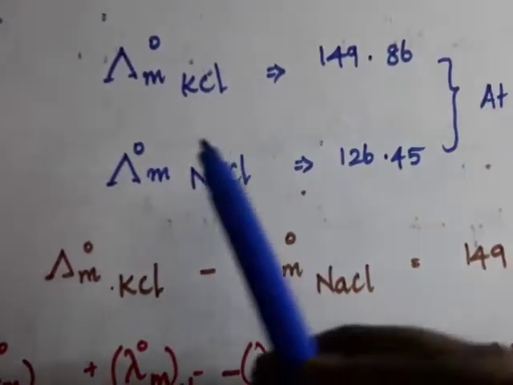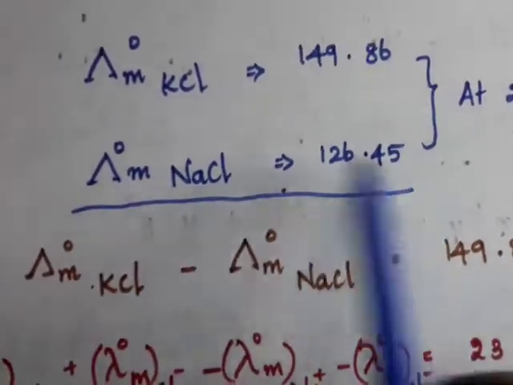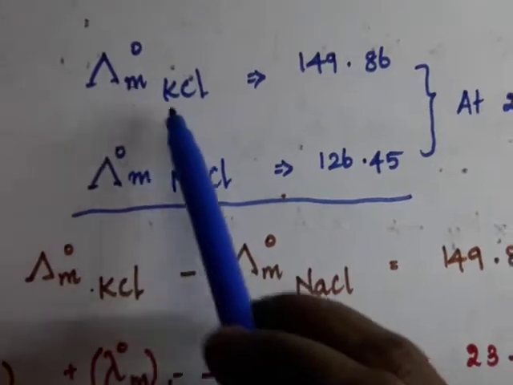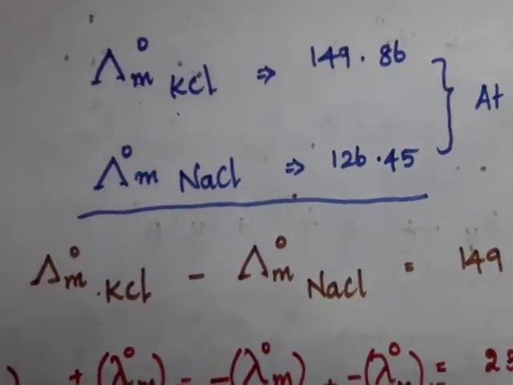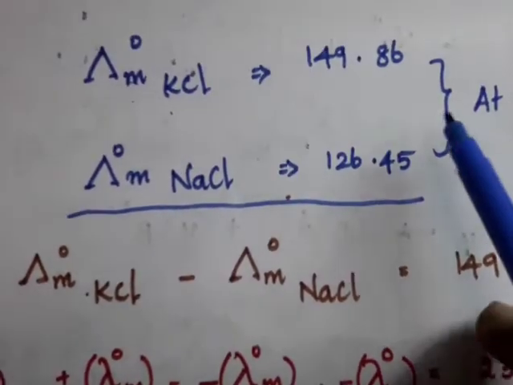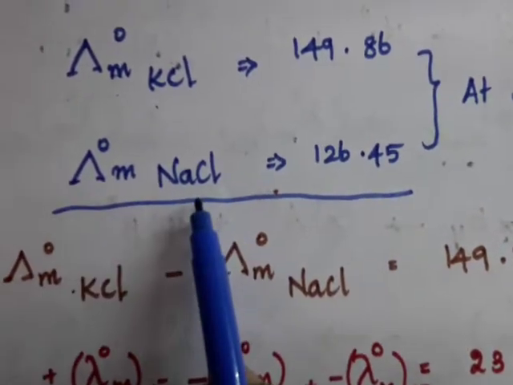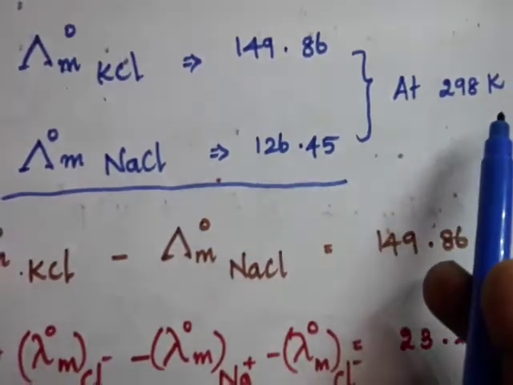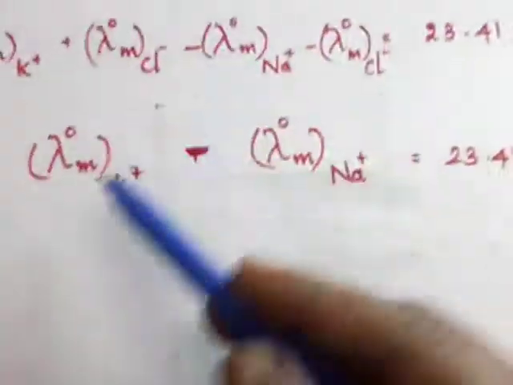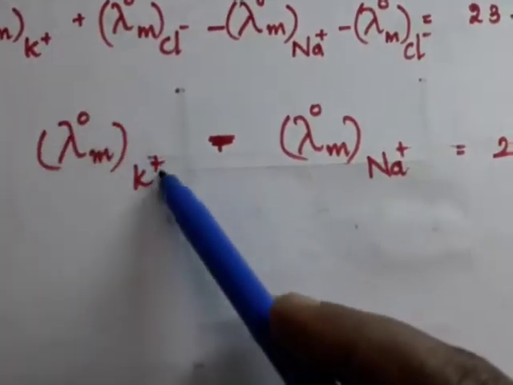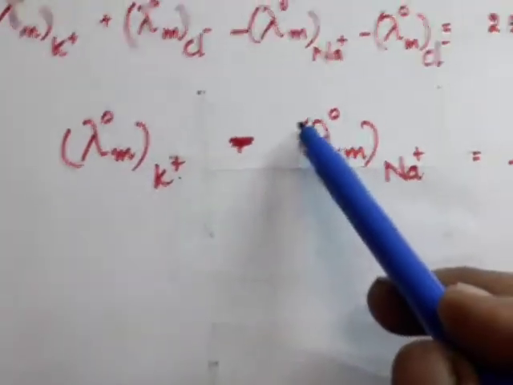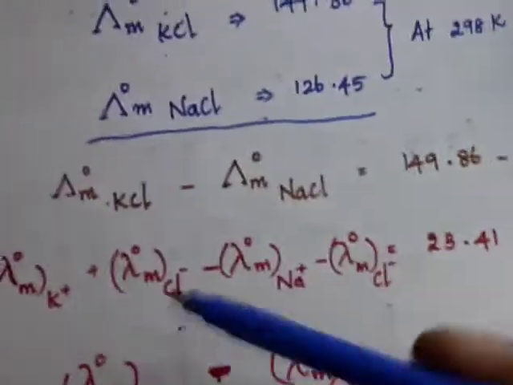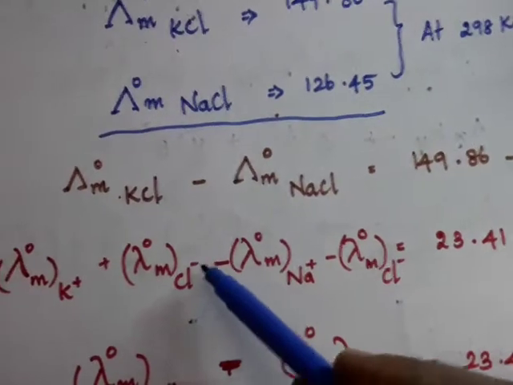Like that, data will be given for you. The lambda m naught of KCl is equal to 149.86 and the lambda m naught for NaCl is equal to 126.45 at 298 Kelvin. Find out lambda m naught of K plus minus lambda m naught of Na plus. You have to apply Kohlrausch's law.